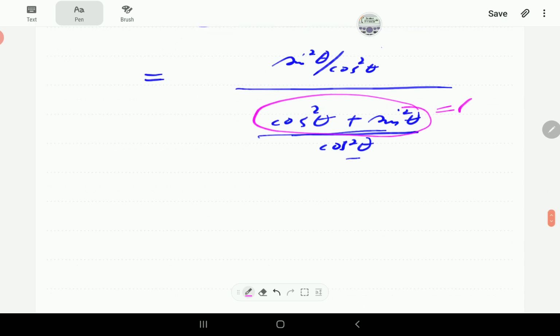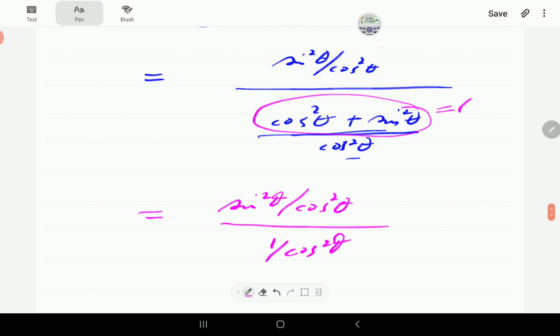So that means we can now write this as sine squared theta over cosine squared theta divided by 1 over cosine squared theta.